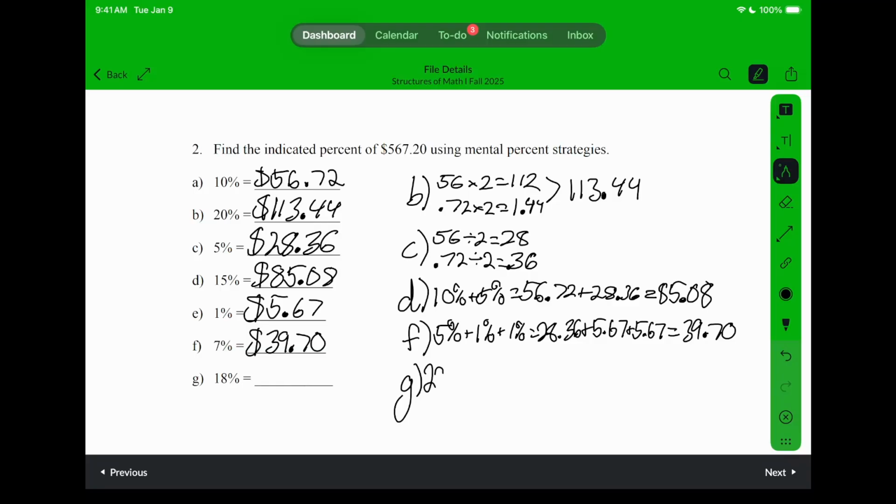Or I'm going to do 20% minus 1% minus 1%, which is going to equal the 18%. So that's 113.44 minus the 5.67 minus the 5.67, which is going to give you 102.10.